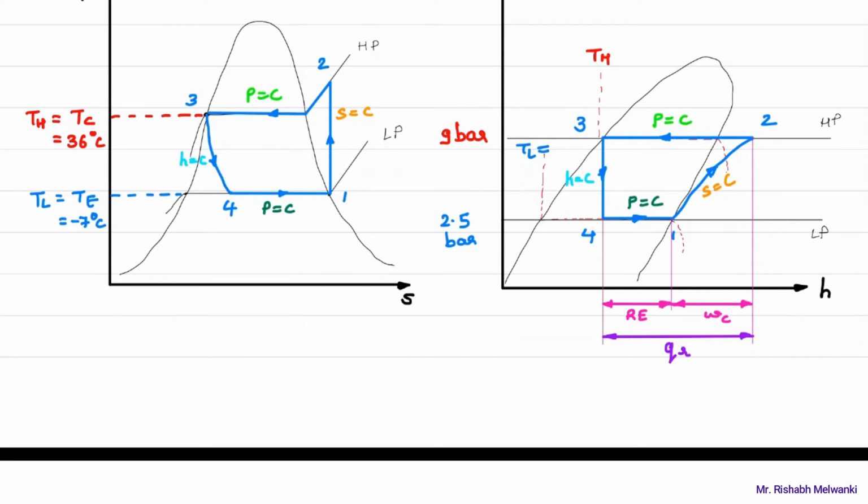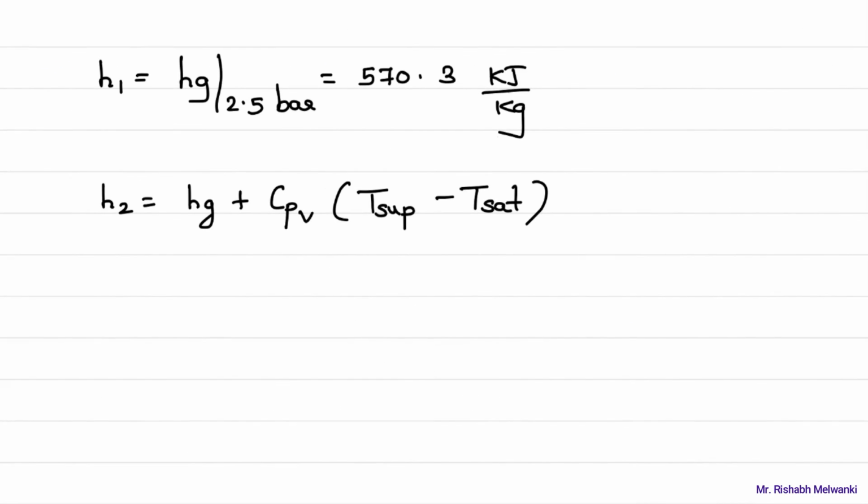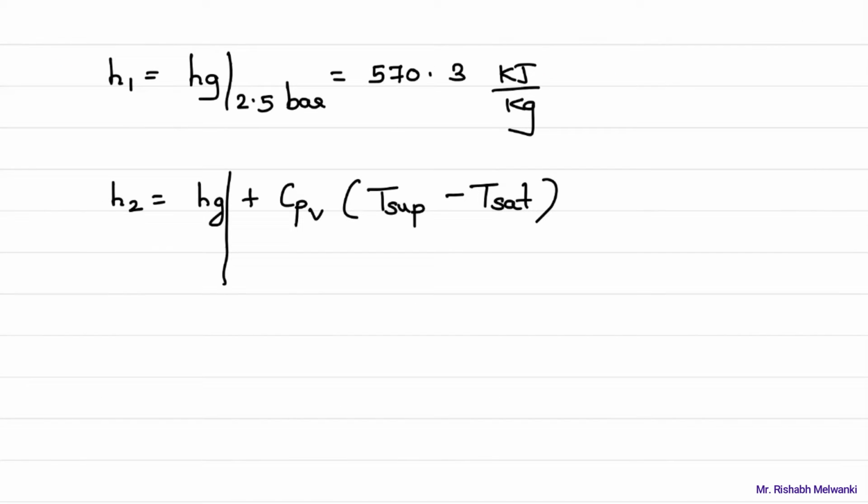So I'll write down Hg, this pressure will be 9 bar, plus Cpv into (T sup minus Tsat). Now this T sup is for point number 2 and Tsat is also for point number 2. Now what is Tsat of point number 2? Whatever values we have, we will find that out.